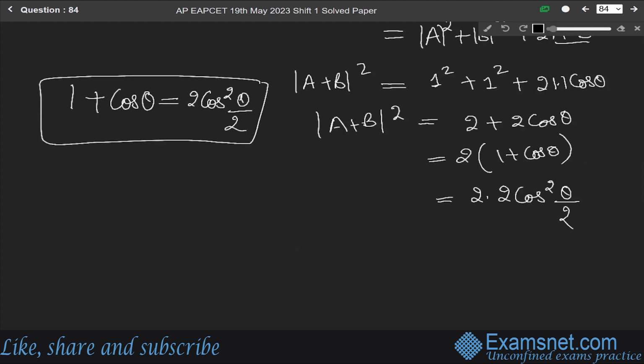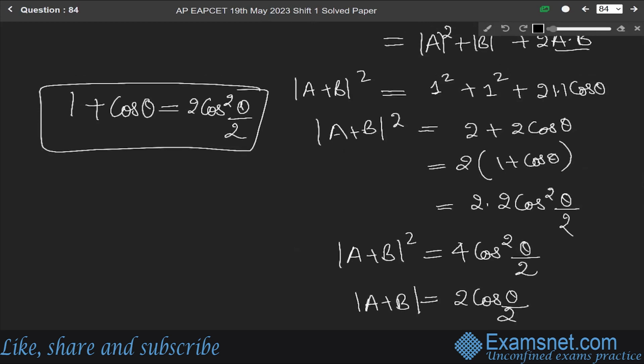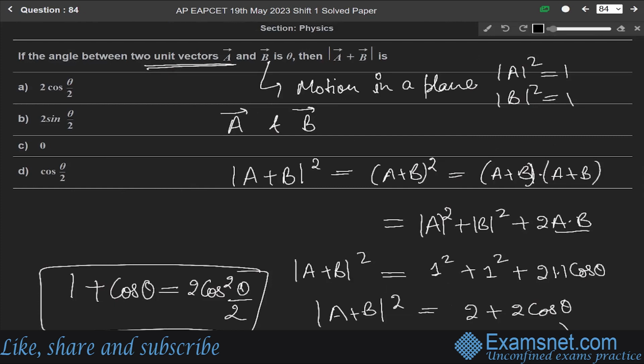This is the formula. So A plus B whole square equals 4 cos square theta by 2, which means modulus of A plus B equals 2 cos theta by 2. So among these four options, option A is the correct answer.